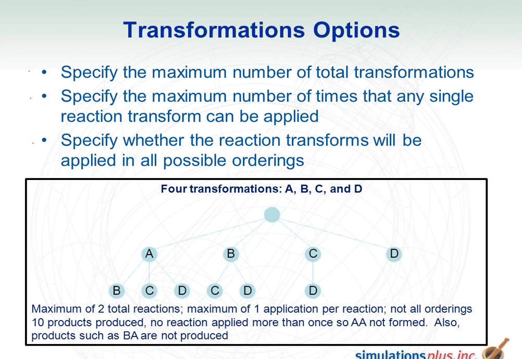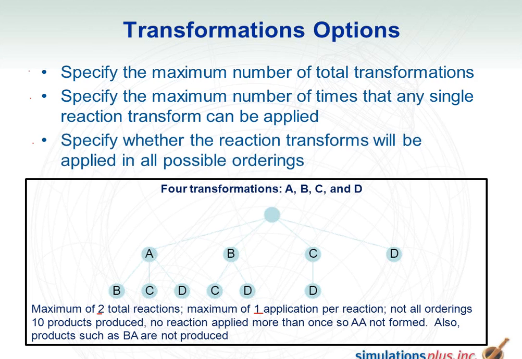I'm going to show 3 examples here, cartoons, where we have 4 transformations, A, B, C, and D, of a primary molecule shown at the top. And all these transformations are allowed within the molecule. In other words, the molecule contains these moieties to be transformed. So if you specify a maximum of 2 total reactions, 1 application per reaction, and not all orderings, you would produce 10 compounds.